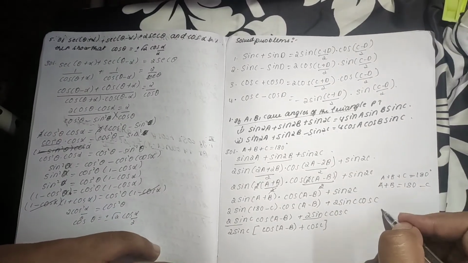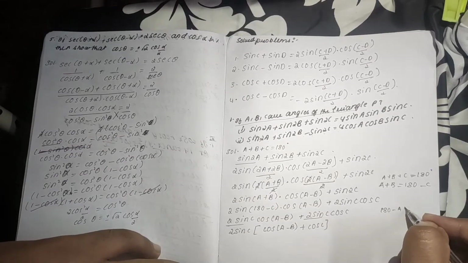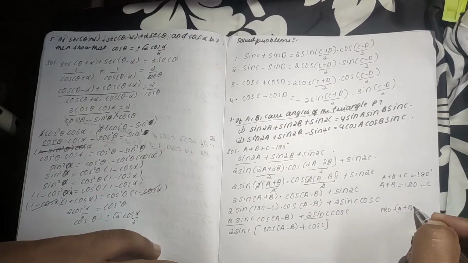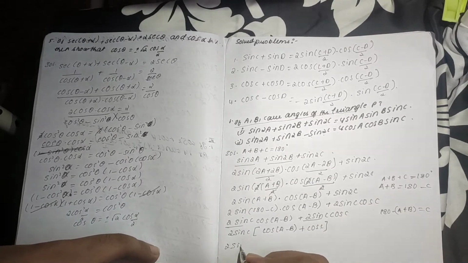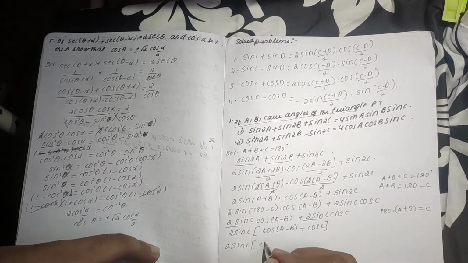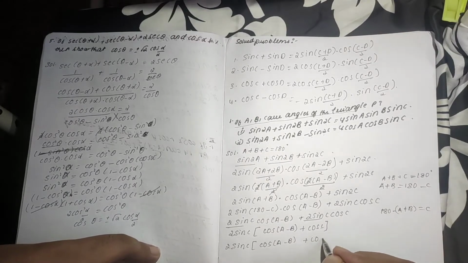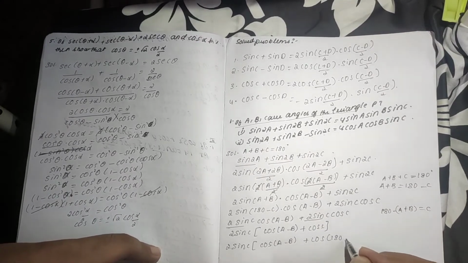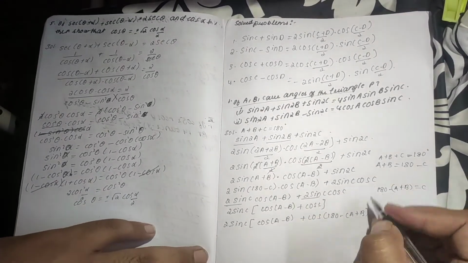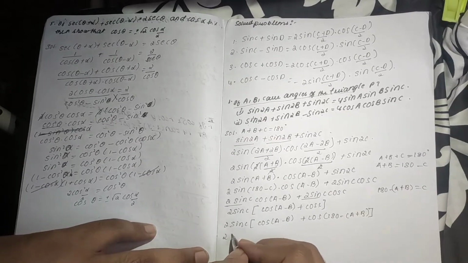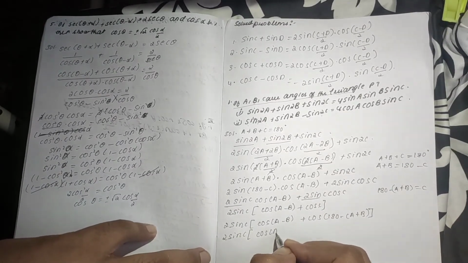Similarly, 180 minus (A plus B) is equal to C. Substitute this value of C: 2 sin C into cos (A minus B) plus cos (180 minus (A plus B)).